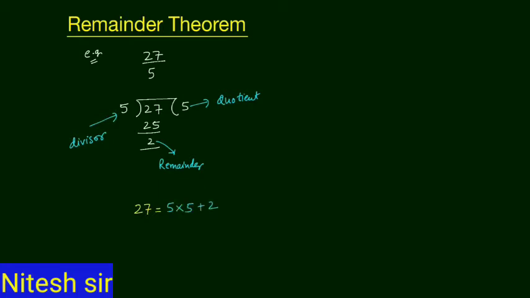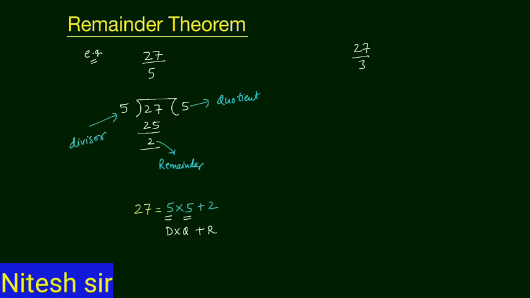Yes, we can write this, because 5 fives are 25 plus 2 is 27. So it is D into Q plus R, and we can describe 27 as 5 into 5 plus 2.